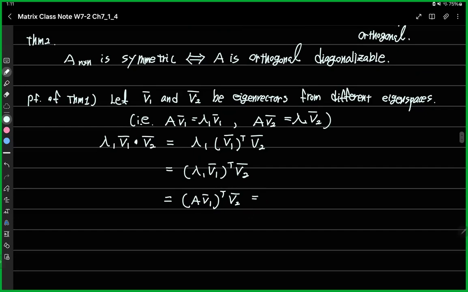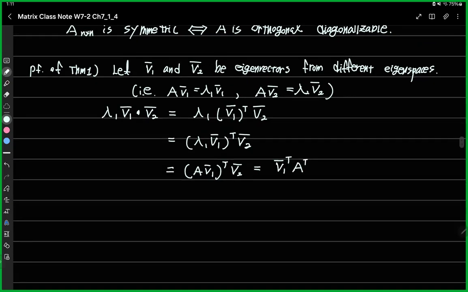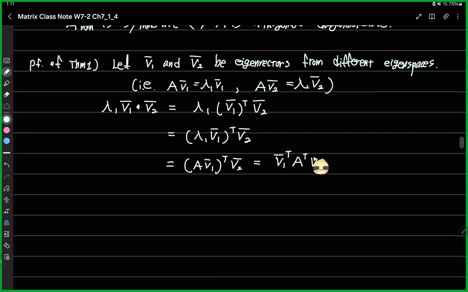Now taking the transpose, we get V1 transpose, A transpose, and A V2. Since A is symmetric, A transpose is equal to A. So this is equal to V1 transpose A V2. Now A V2 is equal to lambda 2 V2.